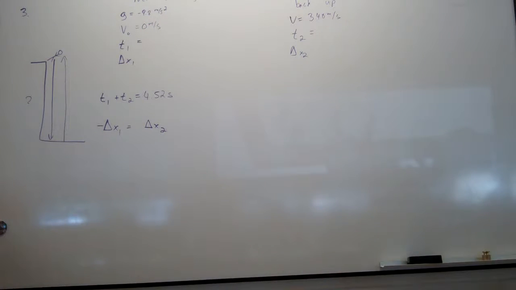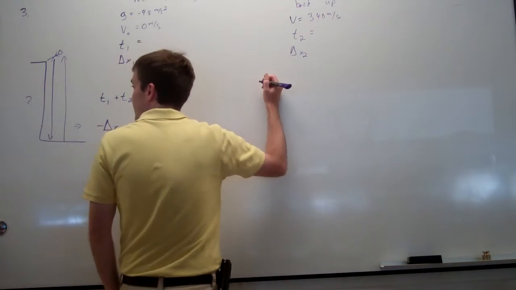Okay. So now, we're kind of stuck, aren't we? What we're going to have to do is use these 2 things and substitute into them to see what we can figure out. Because if we can get any of those variables, we've got the answer. If we can get T1 or T2, we can get the answer from there. Alright, now because I know where this is going, we're going to start with that one.